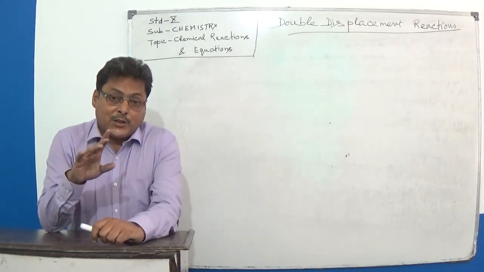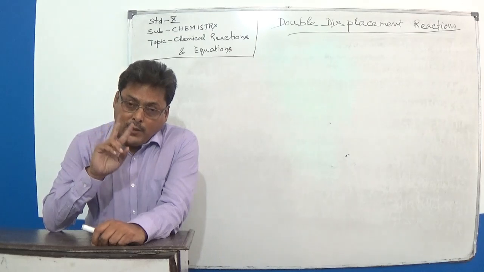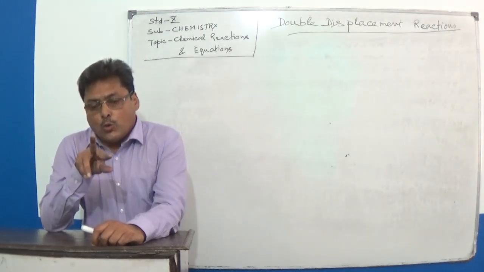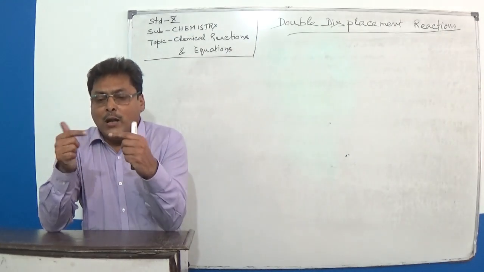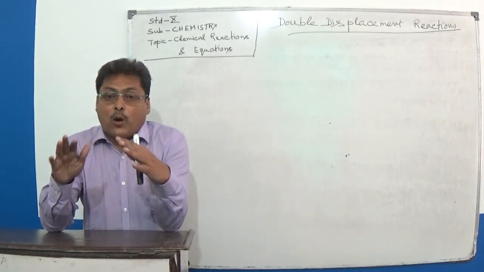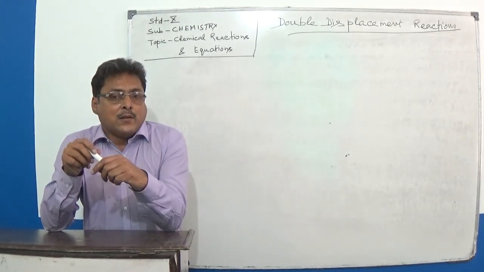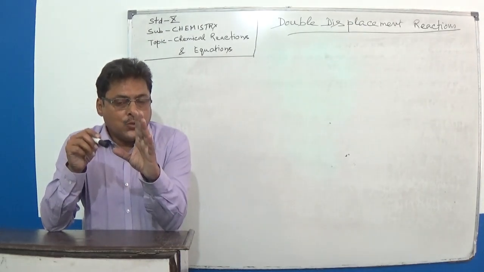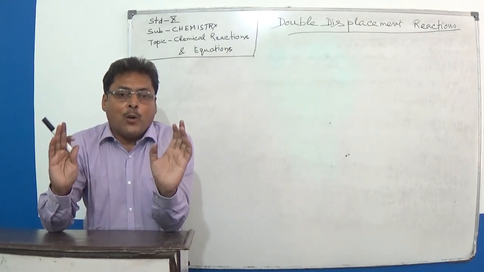In such a reaction where two different atoms or two different groups of atoms are exchanged, we call it double displacement. You see, it usually happens in the ionic compounds.